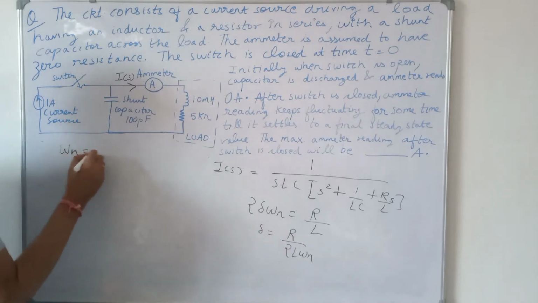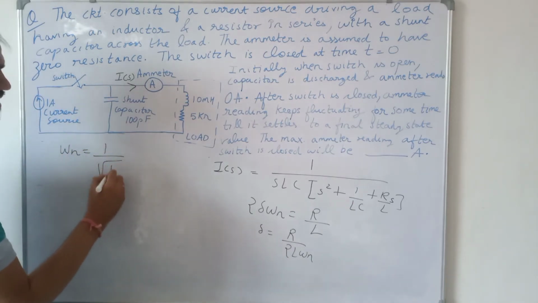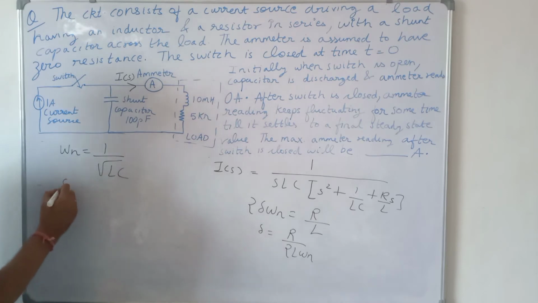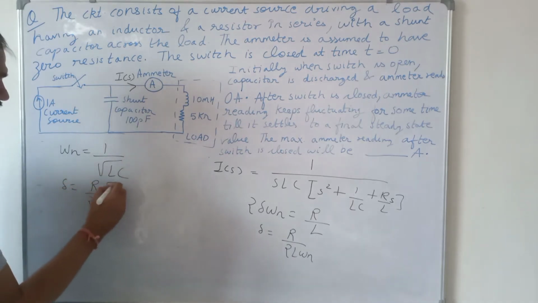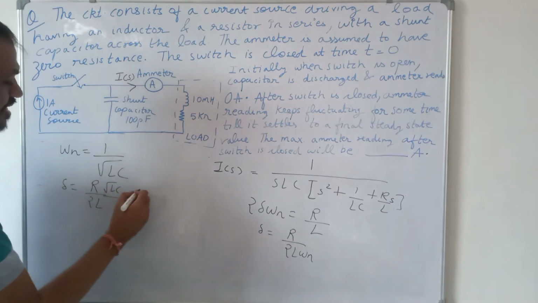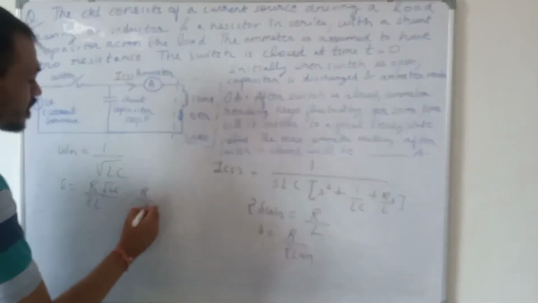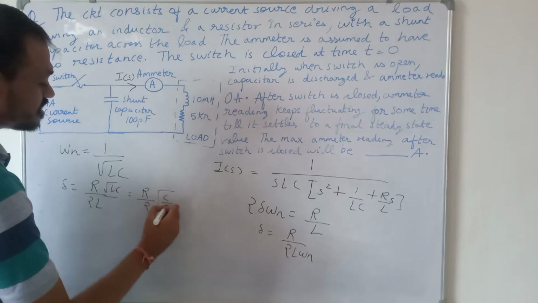So zeta will be equal to R upon 2L into under root of LC. So this will be equal to R upon 2 root C by L.